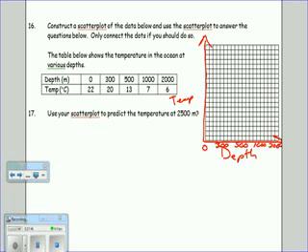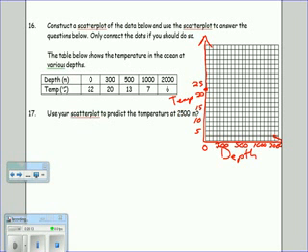Temperature, we'll just say 5, 10, 15, 20, 25. At zero, what's the temperature? 22. So the point should be right there on the y-axis.